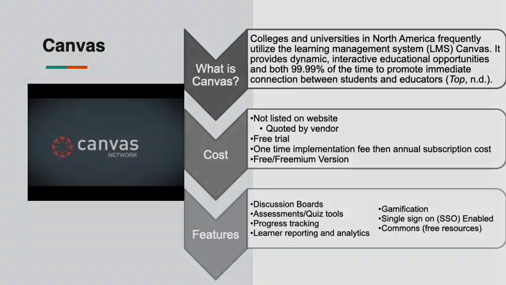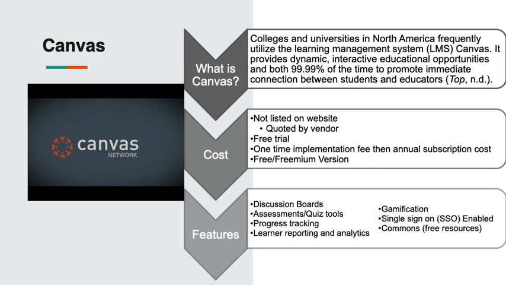Now, what is Canvas? We also have the cost and features on this page. Colleges and universities in North America frequently utilize the learning management system, Canvas. It provides dynamic, interactive educational opportunities, with 99.99% uptime, to promote immediate connection between students and educators.